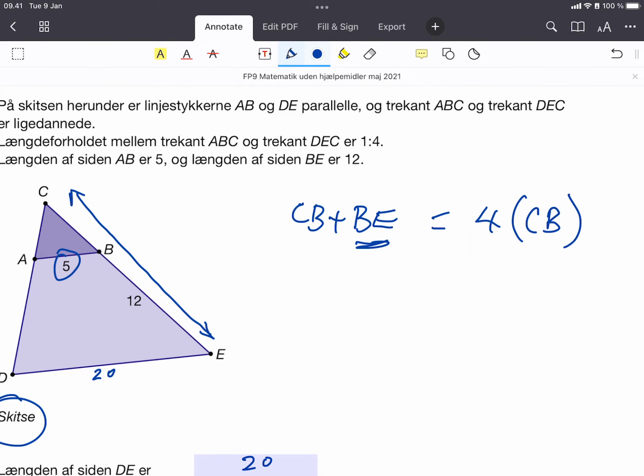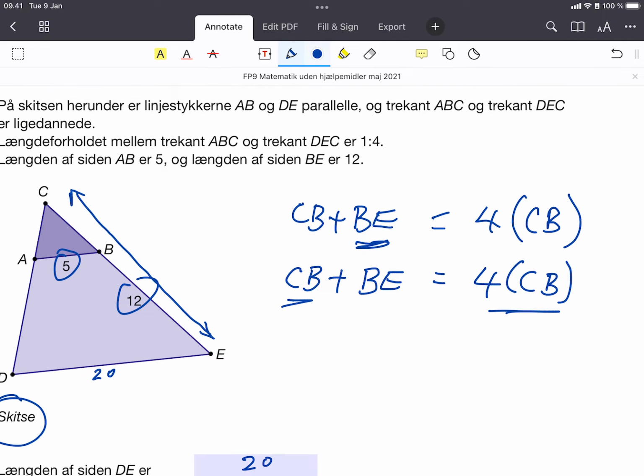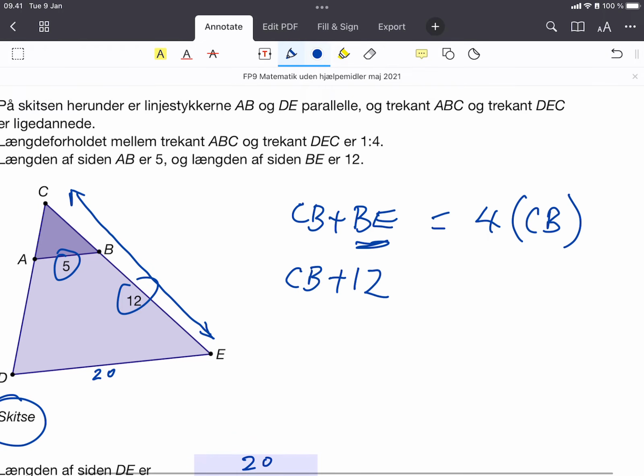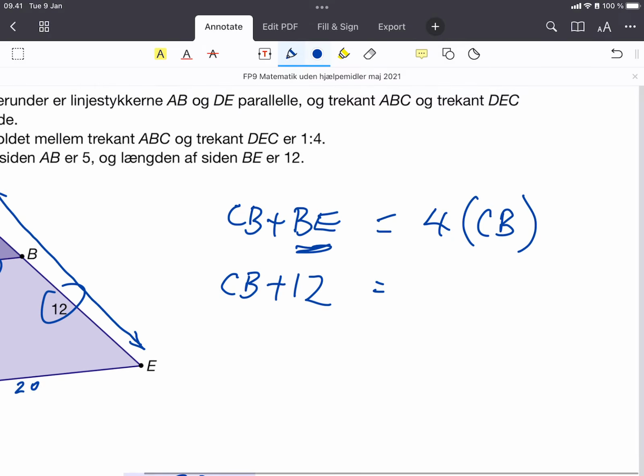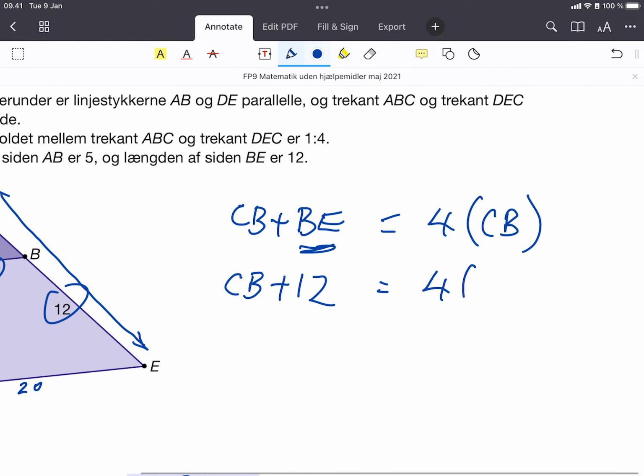Well, I know what BE is. It's 12. So CB plus BE equals 4 lots of CB. If I take one of the CBs away from both sides, sorry, I just wrote the same thing again, didn't I? CB plus 12, I meant to say, is 4 times CB.